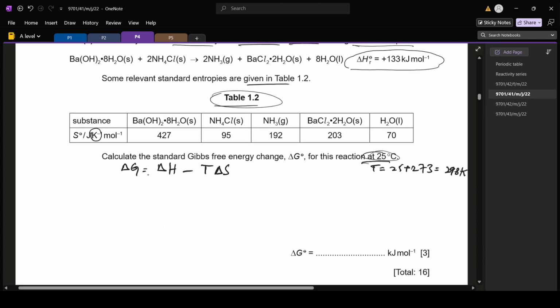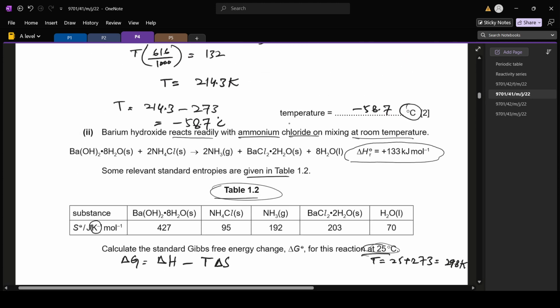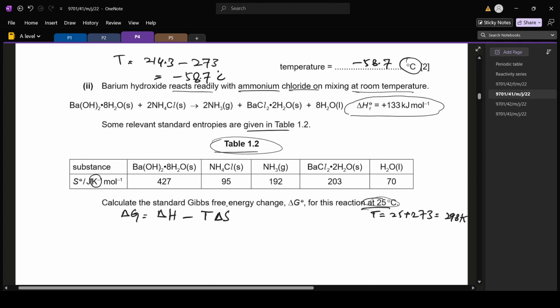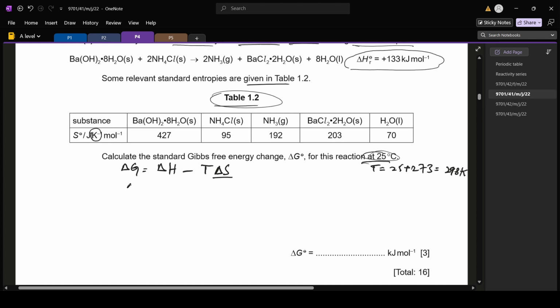Now you are given the temperature and enthalpy change, but you have to calculate the entropy change, and the formula for the entropy change is the entropy of products minus the entropy of reactants. You are given the entropies of products and reactants in table 1.2.